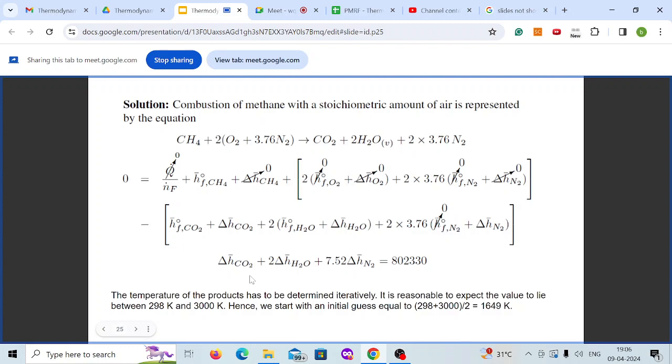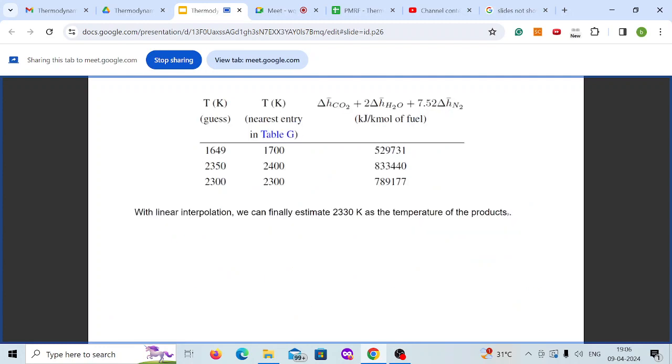So we assume a temperature, we get the values and cross check if we are getting the same value. If not, we correspondingly take a higher or lower temperature value and bring this closer, and we found out that the temperature you require is 2330.